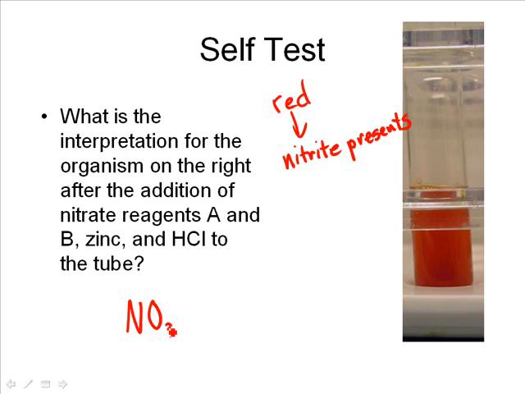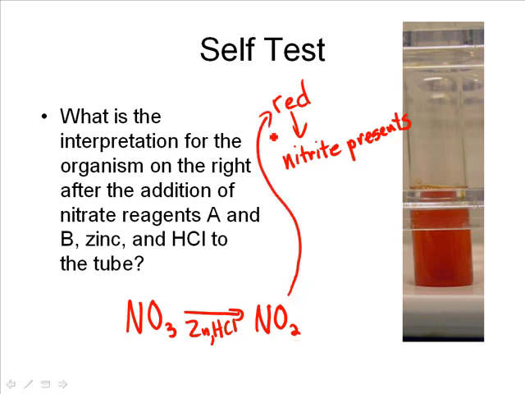Nitrate was sitting in the tube. You added zinc and HCl, and the zinc and HCl converted nitrate to nitrite. And it's that nitrite that gives that nice red color. So the interpretation after zinc and HCl, if a red color is produced, that means the organism did not have nitrate reductase, and that the zinc and HCl carried out that reaction.